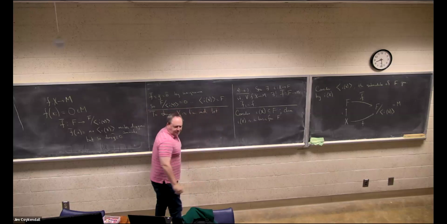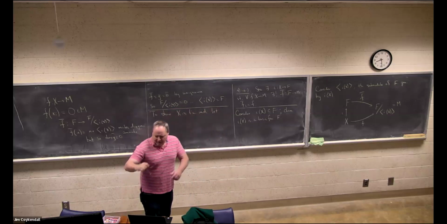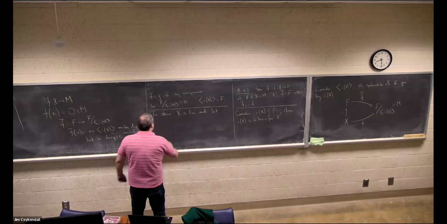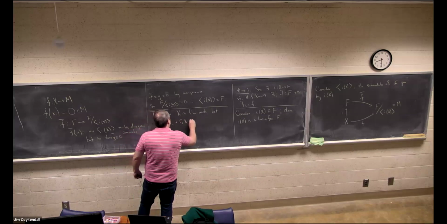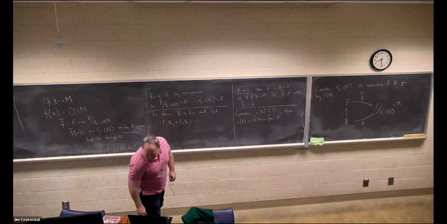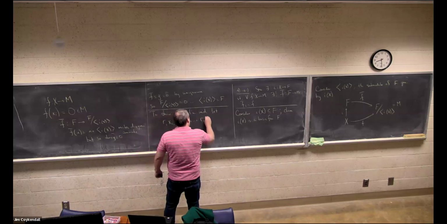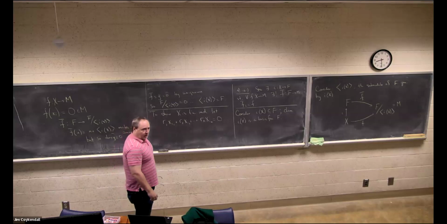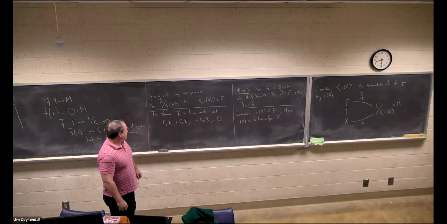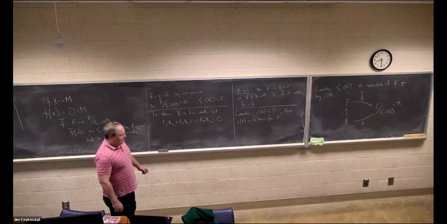Suppose we have the following relation: R1 iota of x1 plus R2 iota of x2 plus up to Rn iota of xn equals zero.